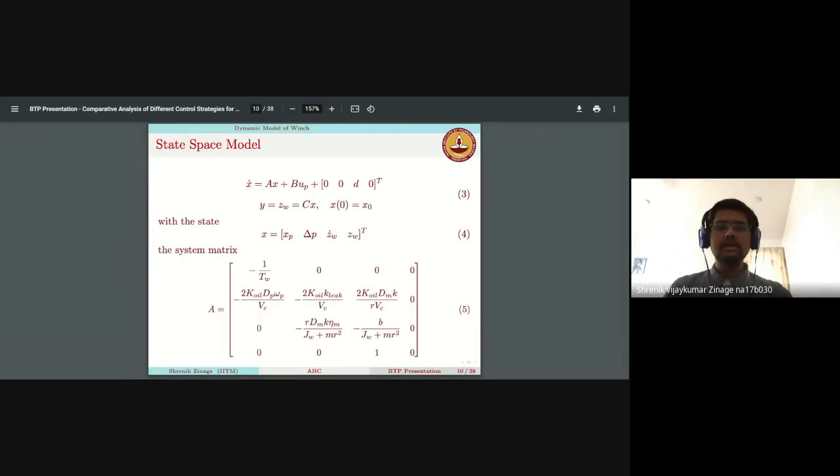So it's like saying that if the ship goes up by, say, 10 meters, we want Y, which is ZW, to be minus 10 in order to make sure that the payload is kept at a constant height.